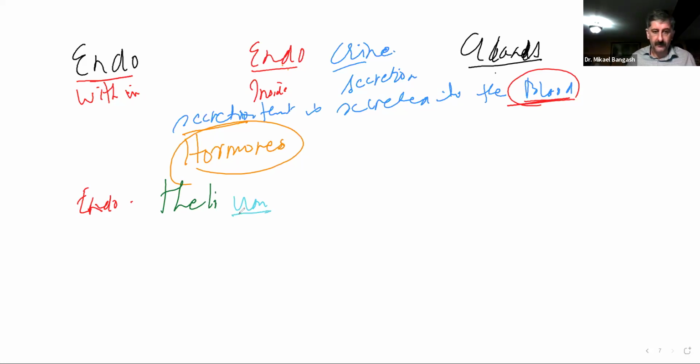When we end up with this whole thing, it becomes the name of a structure which is within, or rather on the inside. In this case it will be a lining.